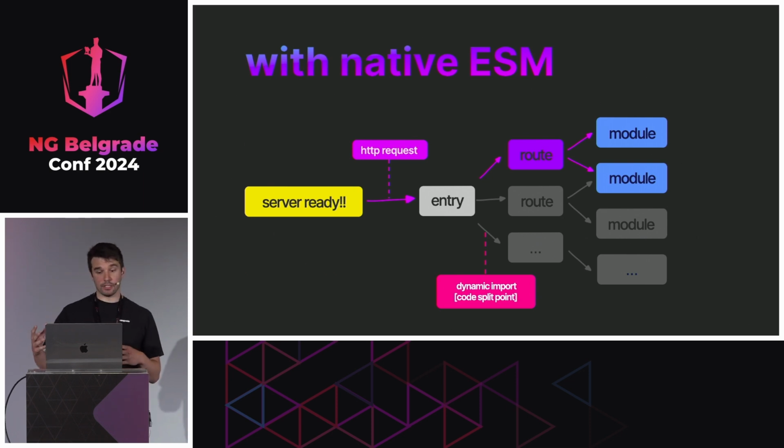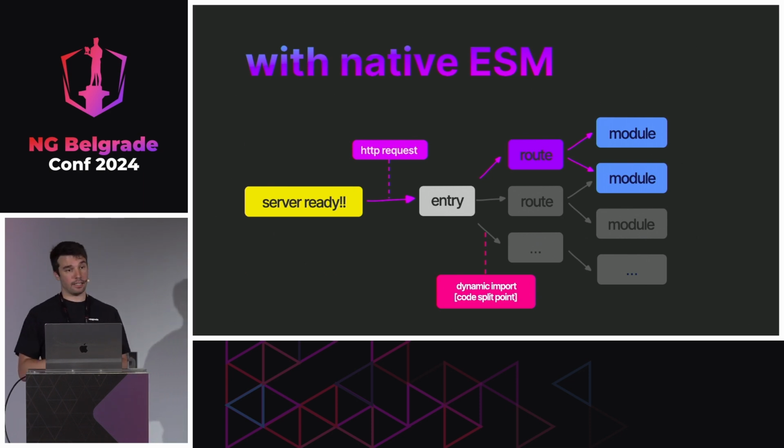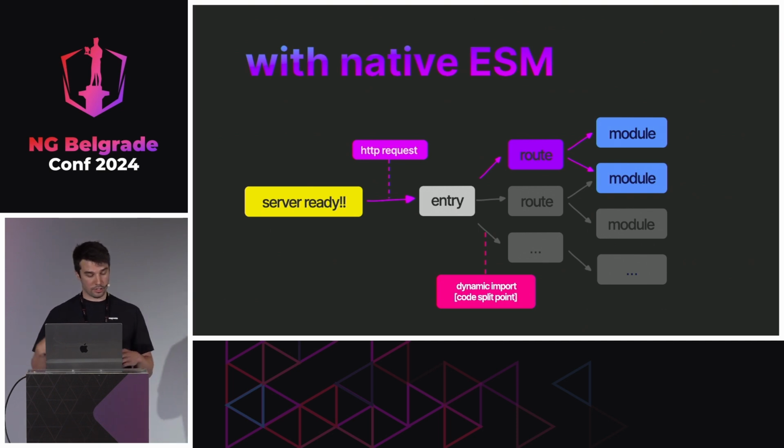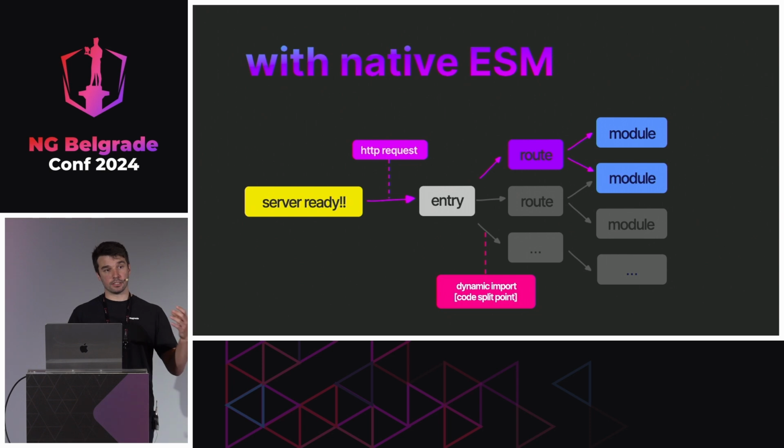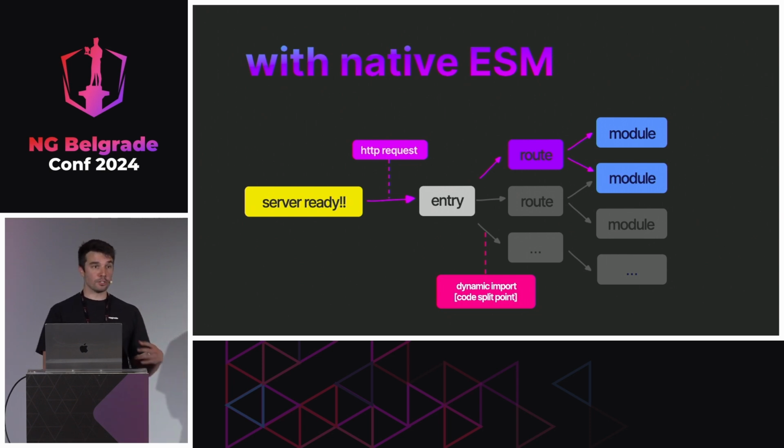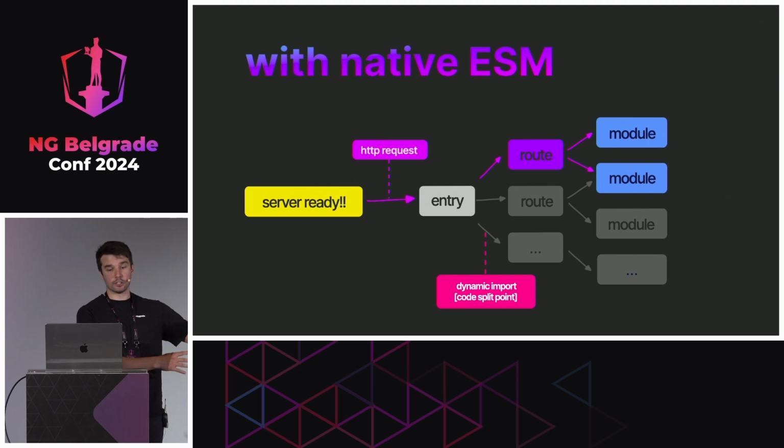Well, it gives you a server that's immediately available, and then as you request the route you're working on in your browser, it fetches and transpiles all the modules only for the current route. That means it doesn't matter how big your application grows, because only what's needed for what you're working on is fetched right now and turned into ECMAScript modules, and then the browser takes over from there.